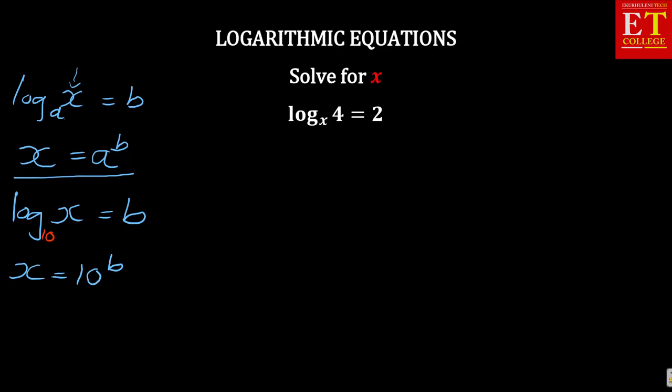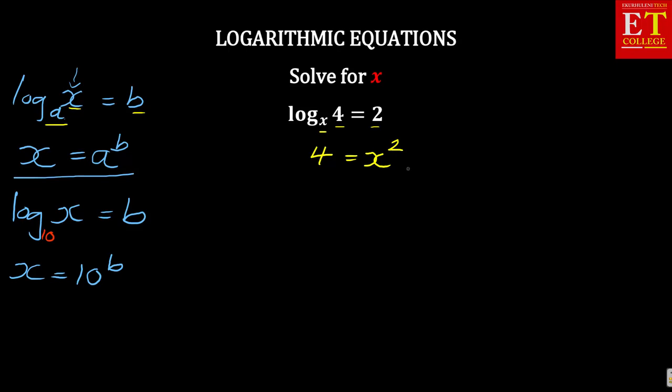Using that same method, in this case our a is represented by the x, our x is represented by the 4, and our b is represented by 2. So this simplifies to 4 is equal to x to the power of 2. That's how we start with the laws of logarithms.